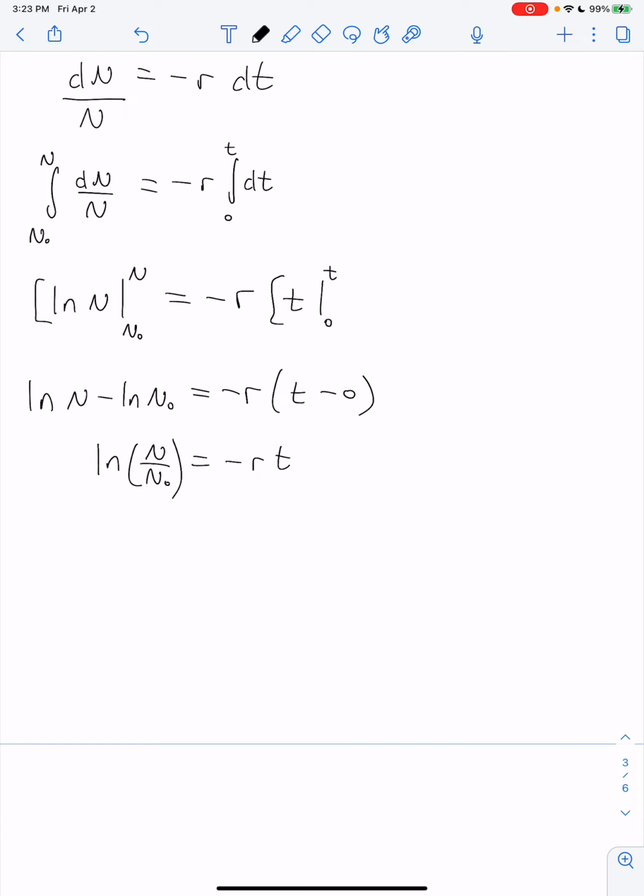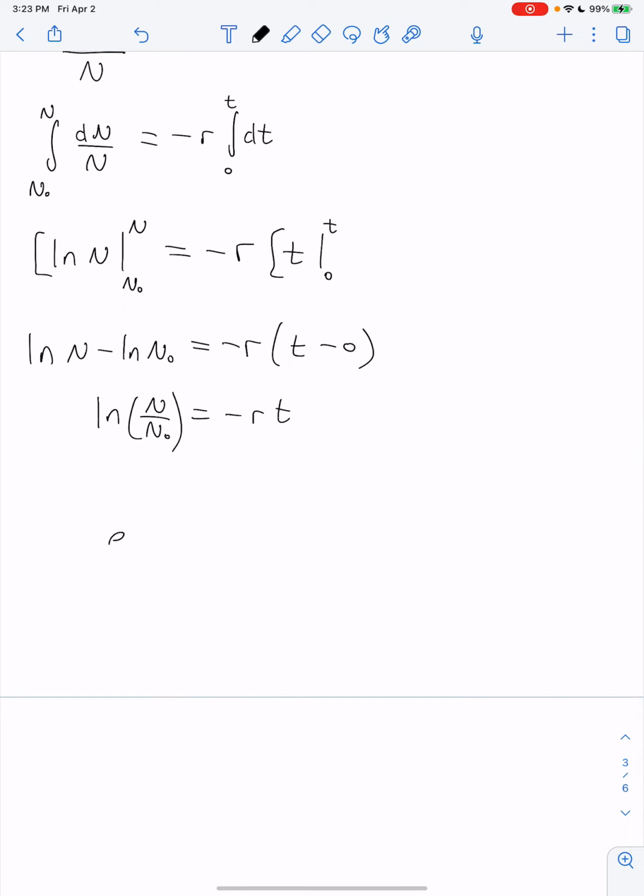Well, we're going to put both sides into the exponent of e. So we're going to say, let's go e to the ln of n over n naught is equal to e to the negative rt. And when we do that, we're able to eliminate that ln expression. And recall, this is a log identity.